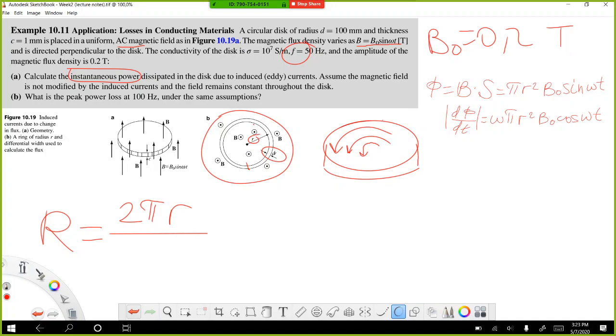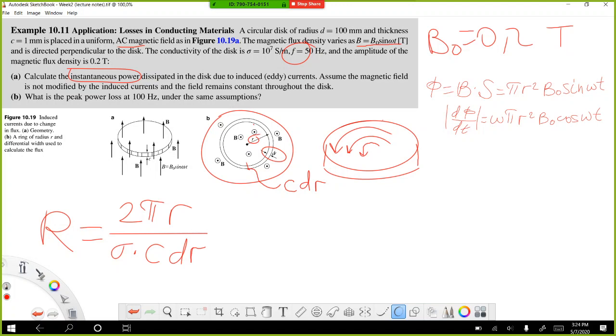Cross-section area of this ring can be written as the thickness of the disc is c and thickness of the ring is dr. c multiplied by dr. Okay, now 2πr over sigma multiplied by the cross-section area of the ring.